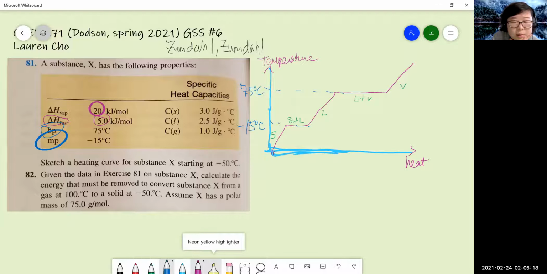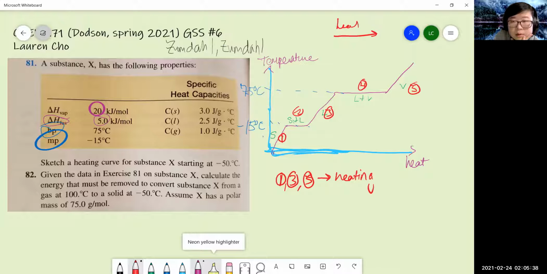So anything at stage, I guess, 1, 2, 3, 4, 5. So 1, 3, 5 are heating, or if you go in the reverse direction, this is heating, and this is cooling.